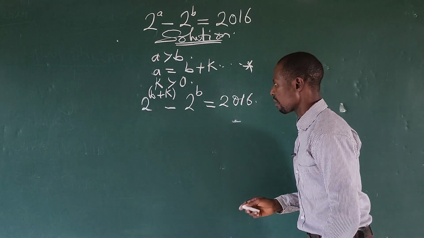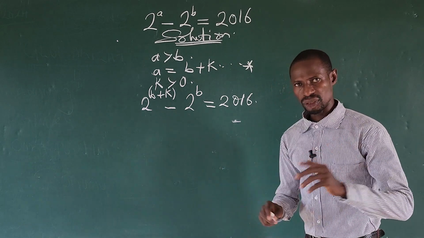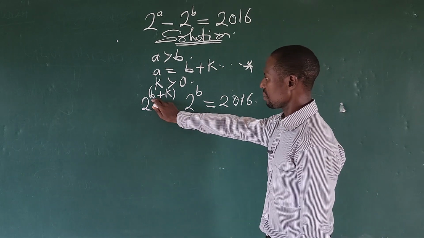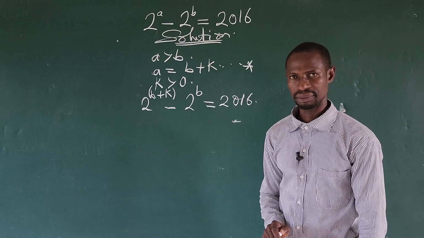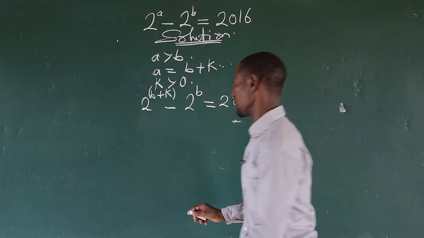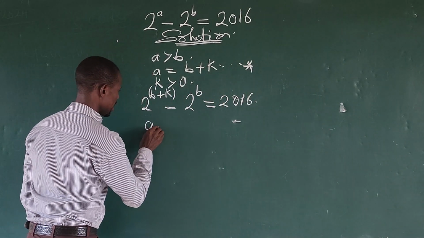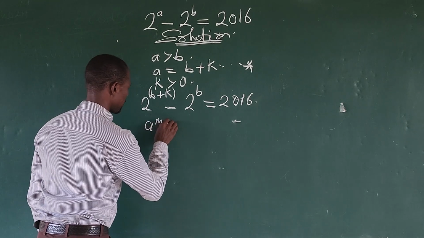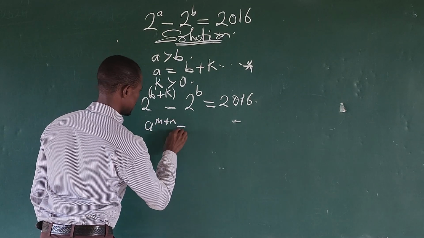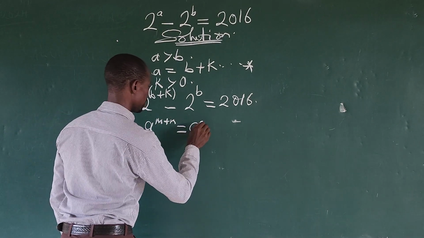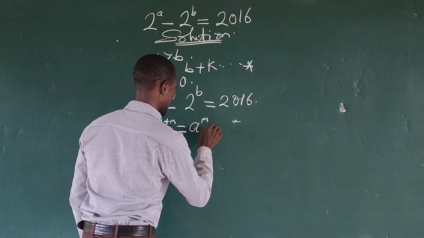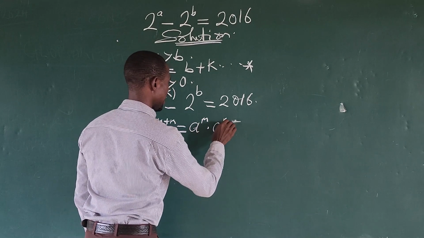Now, according to the law of indices, we can rewrite this expression. The law says that a to the power of m plus n is equal to a to the power of m times a to the power of n.